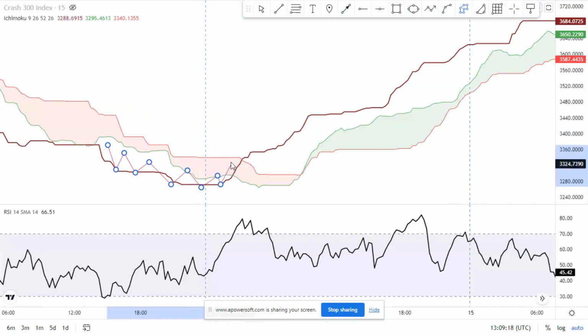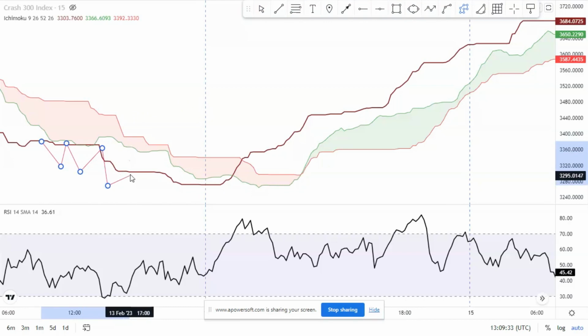When they are bearish, they are going to be forming like this most of the time down the market baseline, the Ichimoku market baseline.